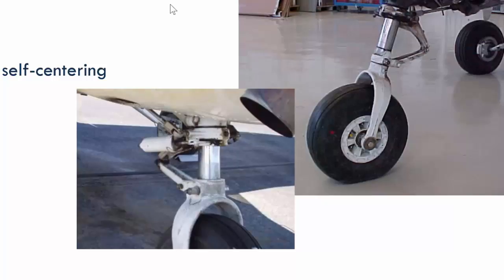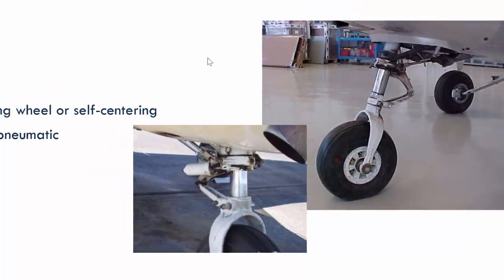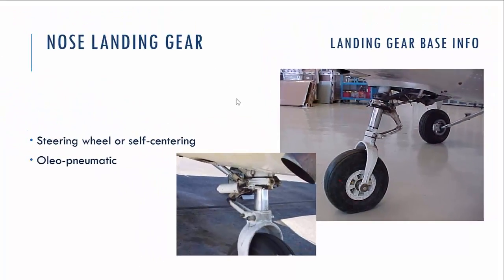So how does the shimmy damper work? It cuts small oscillations of the wheel when the wheel moves very fast from side to side. It absorbs these small movements without any restriction in turning the wheel from side to side. So it allows you to turn the wheel from side to side, but it dampens small oscillations.